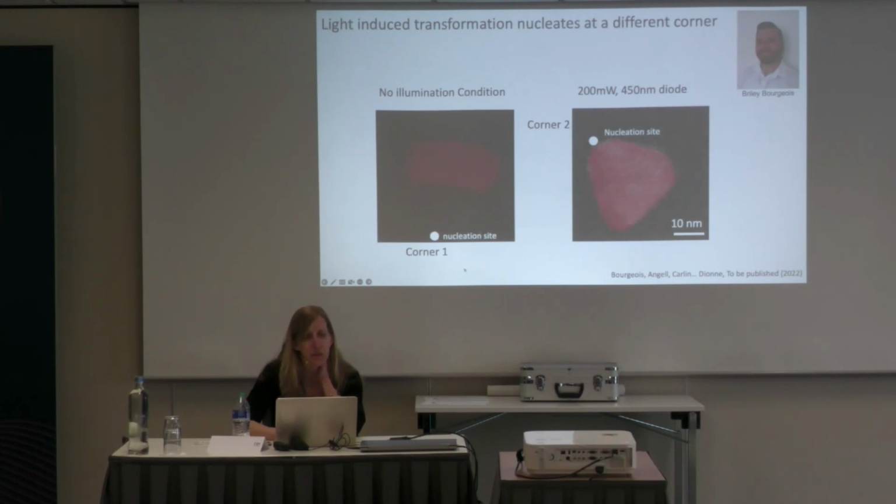And when we compare the nucleation site with no illumination versus with illumination, here we get nucleation occurring generally at this tip. So they're not all the same for this particular prism. This tip was a little bit more pointy. Whereas here we get nucleation occurring at the top.